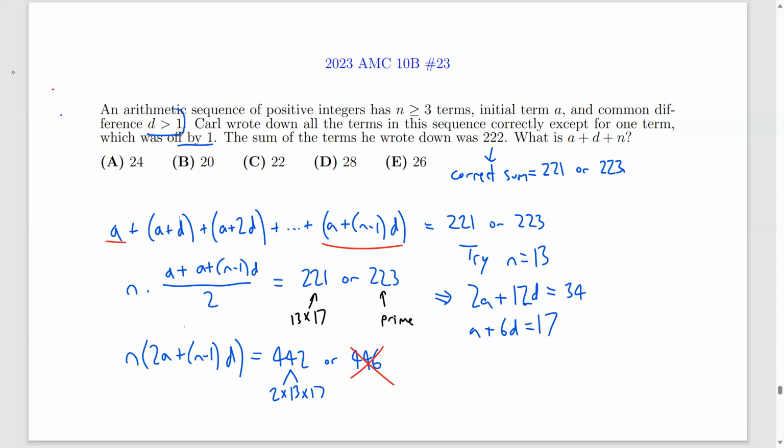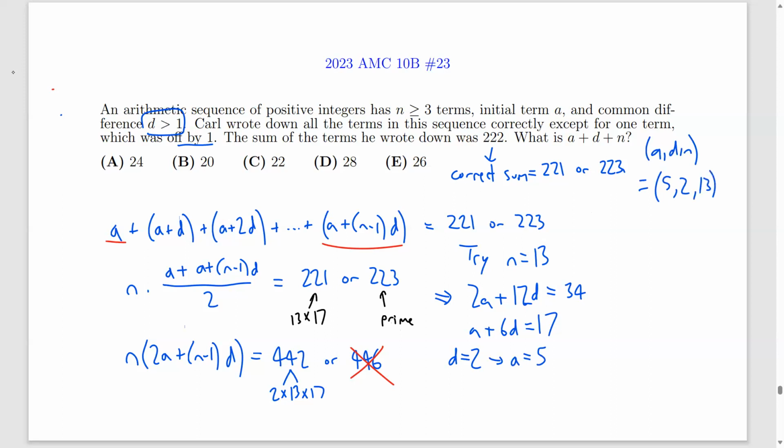And we know that d has to be greater than 1, so we'll try d equals 2. This gives us a solution for a, which is 5. So we see that a, d, n can be the ordered triple 5, 2, and 13.